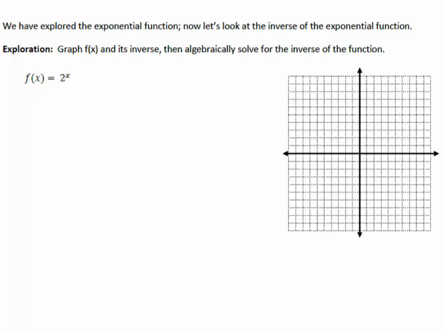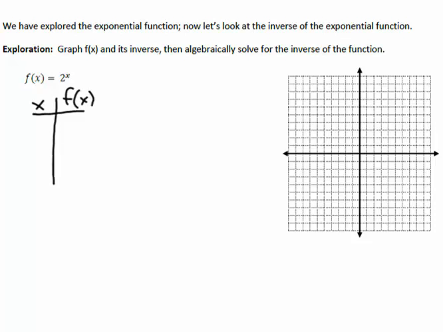Now we have already explored the exponential function. Now let's find the inverse of that function. And we've already graphed this function f of x equals 2 to the x, but let's just graph this one more time with a table of values where we take some x coordinates and find corresponding f of x coordinates.